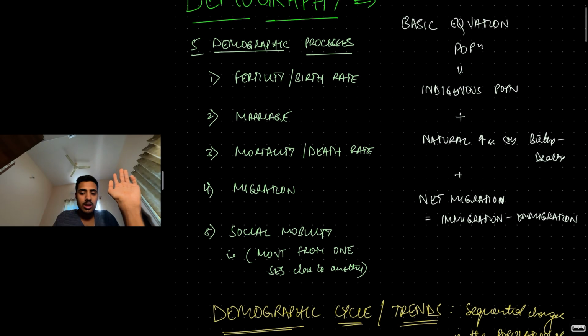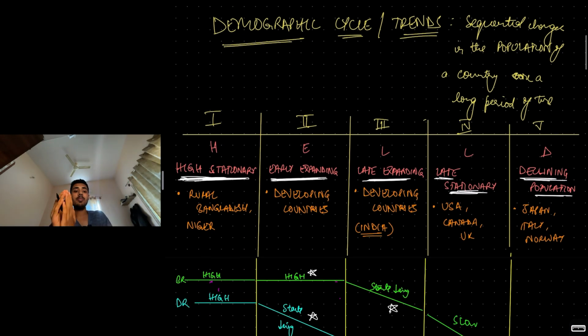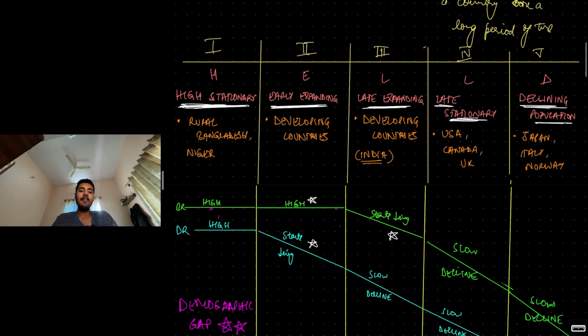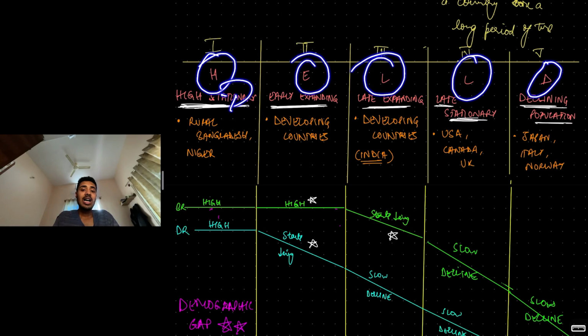Now coming to the most important part, that is demographic cycle or trends. The sequential changes in the total population in the demography of a country over a long period of time is given in the form of demographic cycle. Now you have 5 stages: stage 1, stage 2, stage 3, stage 4, stage 5. The mnemonic is HELLD. H for high stationary.